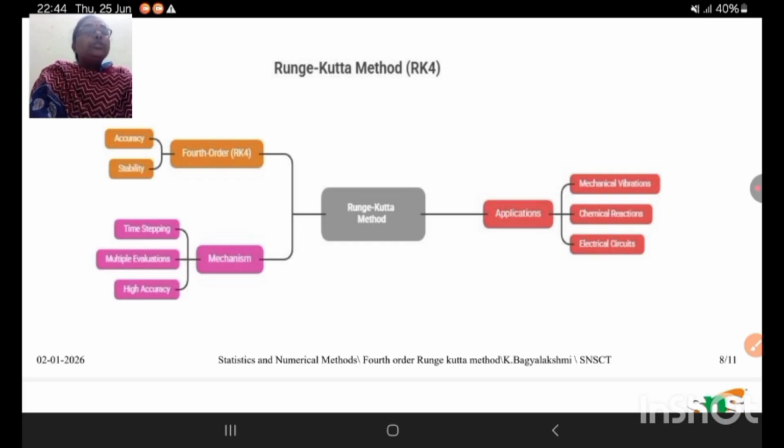Some applications are mechanical vibrations, chemical reactors, and electrical circuits. Mainly we calculate the weighted average, then evaluate the solution, and the process is repeated until the required interval is completed. From this we can conclude the RK method.